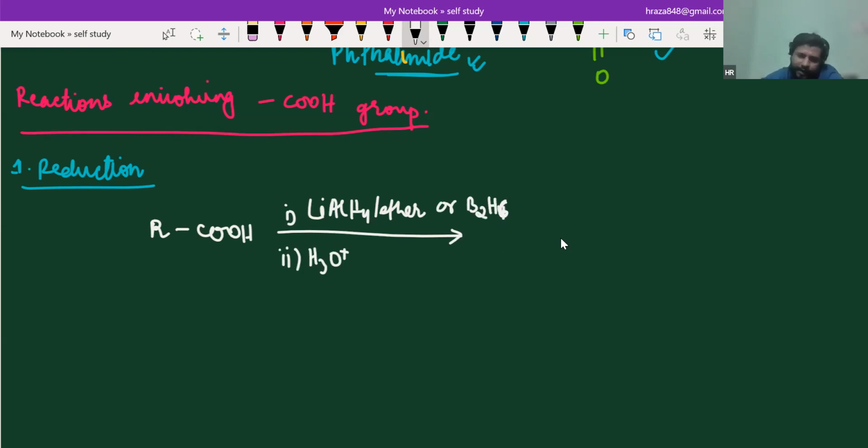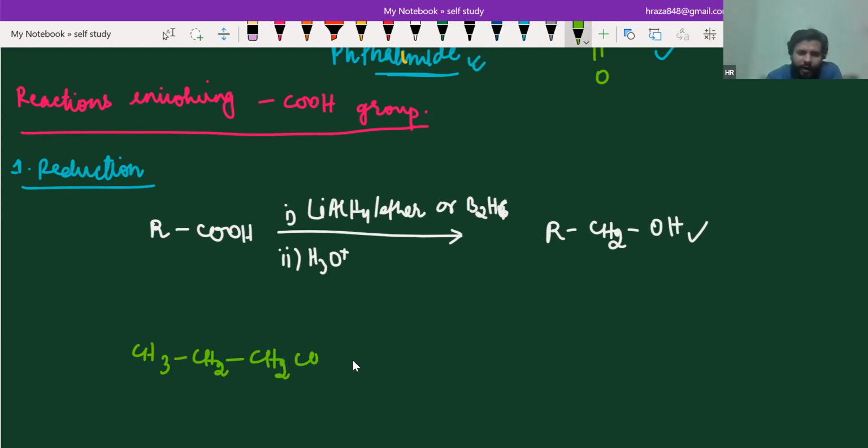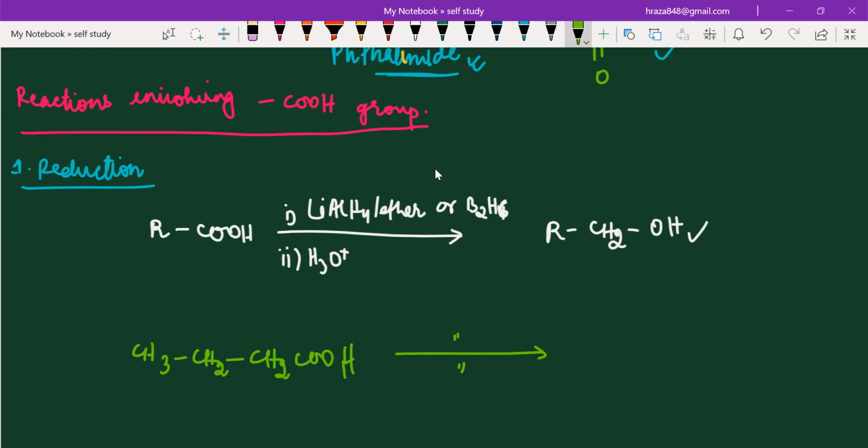Then it will be directly converted into RCH2OH, alcohol, the reverse of the way we oxidize alcohol into carboxylic acid. So if I take CH3CH2CH2COOH and use these reagents, can you tell me the name of the product? Please.